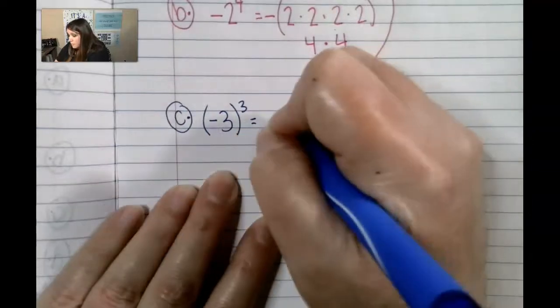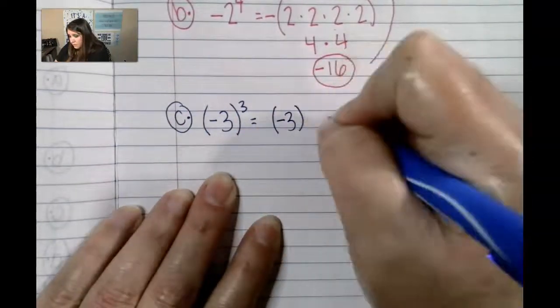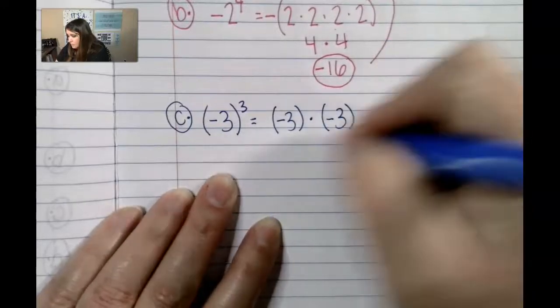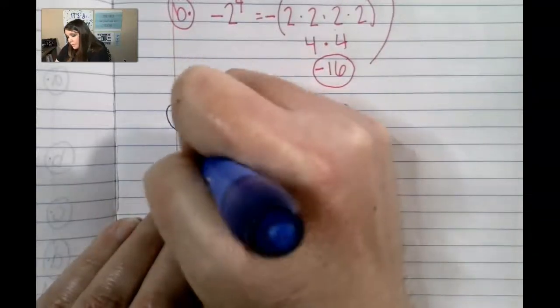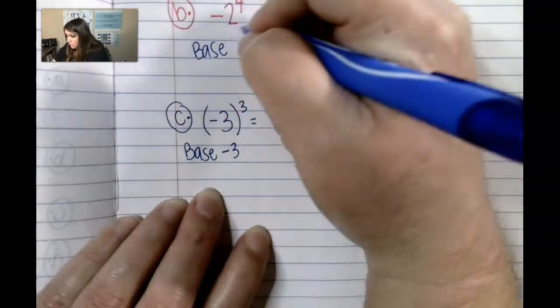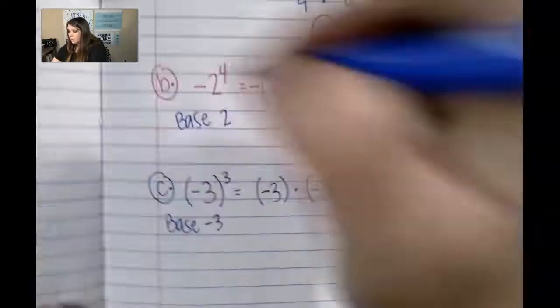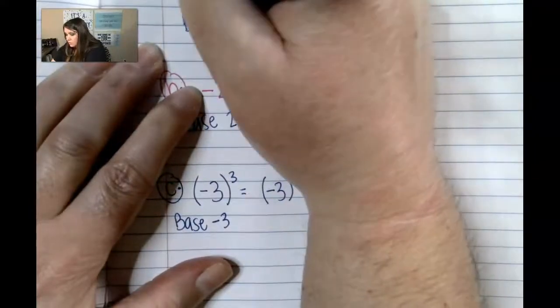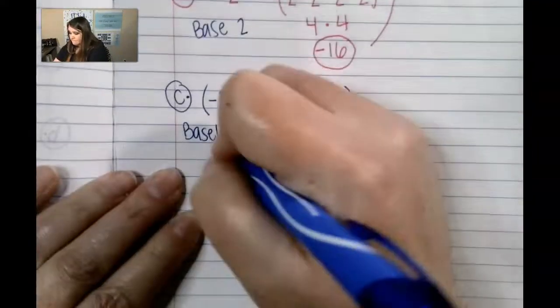So this problem, it's all about the -3. And our base is the -3. Maybe we should start labeling the base. Here the base is -3. Here the base is only the 2. Here the base is -2, like that.